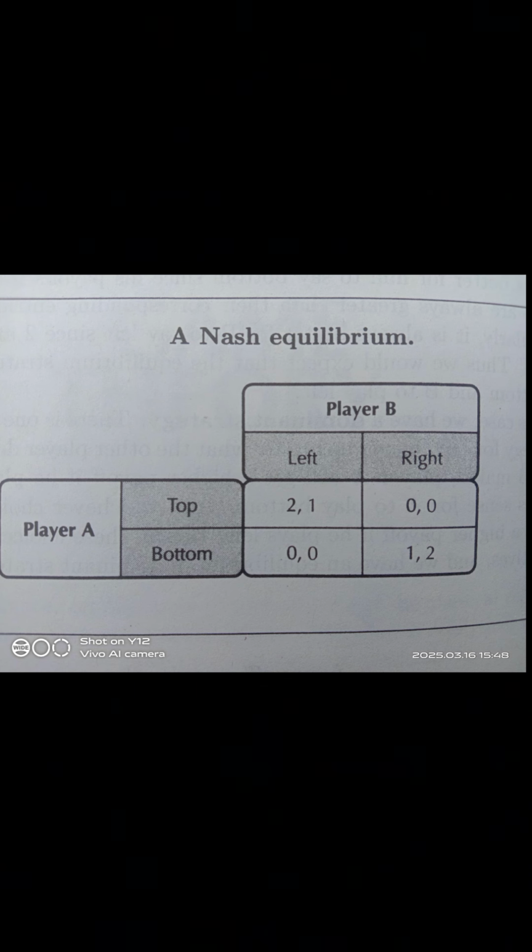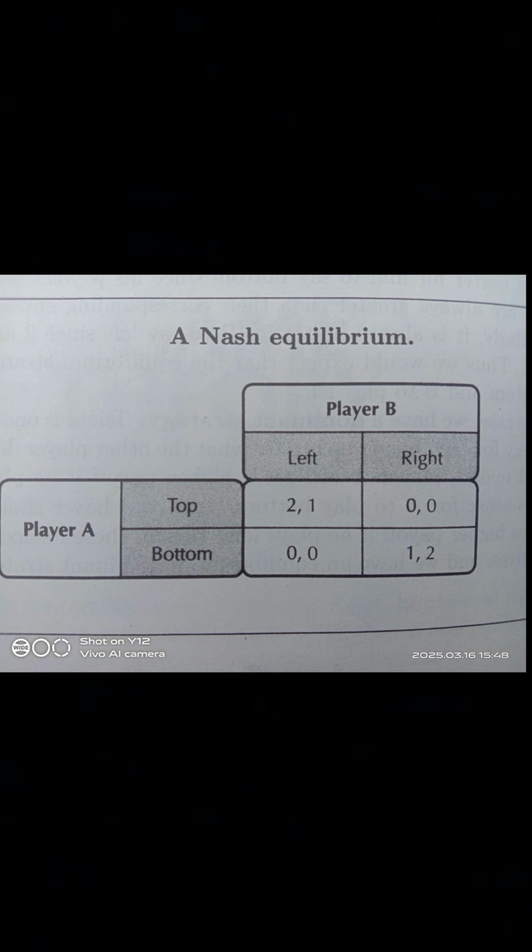A Cournot equilibrium occurs when each firm is maximizing profit given the other firm's behavior. This is precisely the definition of Nash equilibrium. So in our example, please look at the table: the top left strategy, consisting of payoffs 2, 1, is a Nash equilibrium.